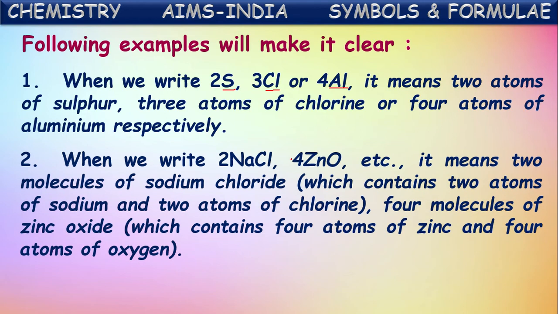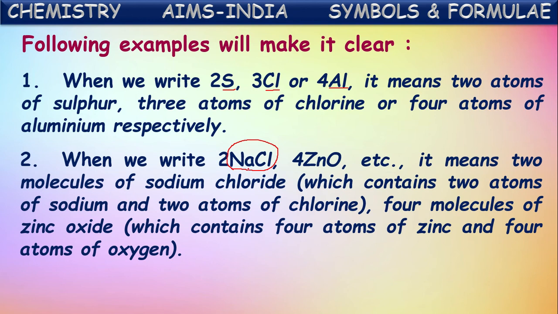The second example: when we write 2NaCl or 2ZnO, these represent two molecules of sodium chloride, isn't it? We know this NaCl represents the sodium chloride compound. This is a shortcut, shorthand notation of the compound name sodium chloride.